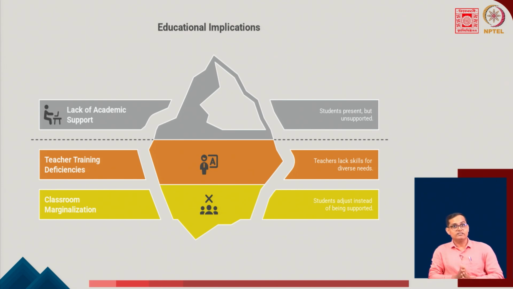It also faces classroom marginalization because this is based on partial inclusion. This is not full inclusion. In the integrated education system, teachers lack skills for diverse needs and students need to adjust themselves, and the system does not want to make changes in itself.